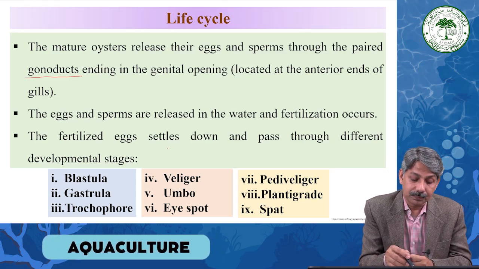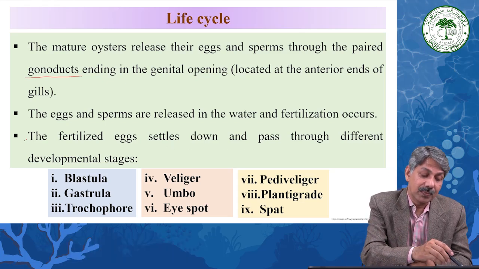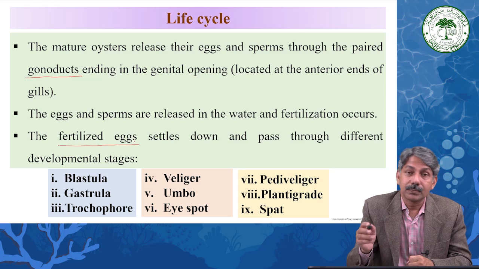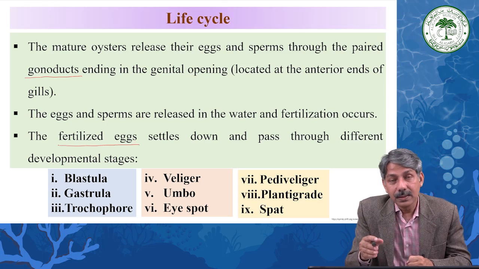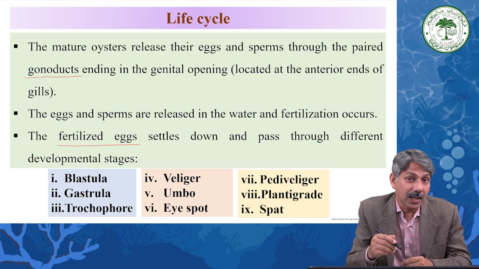The fertilized eggs settle down and pass through different developmental stages. When the egg is fertilized, it settles down and then development process starts. What are different developmental stages in the life cycle of Pinctada fucata?